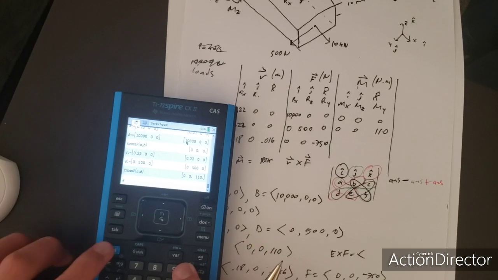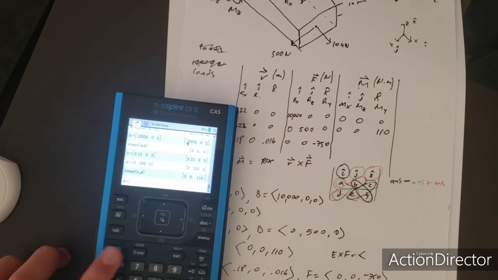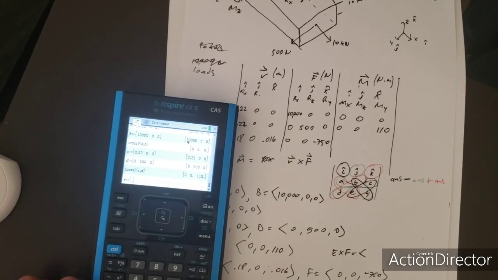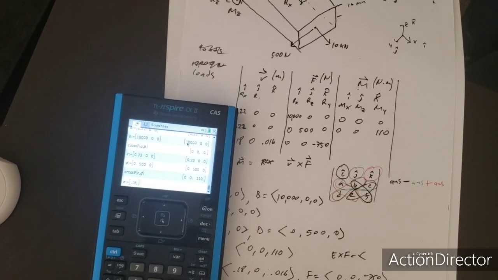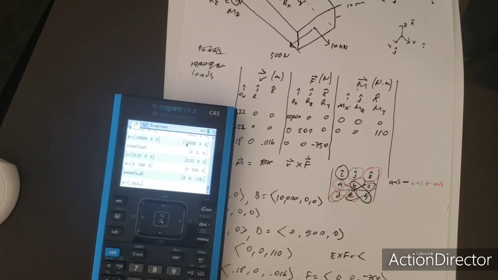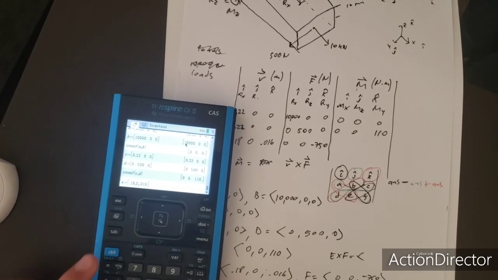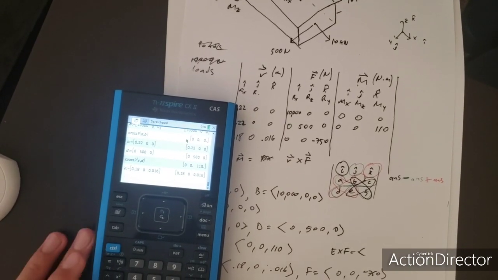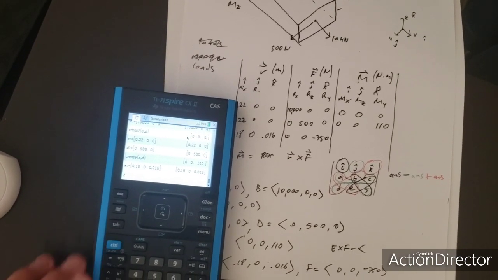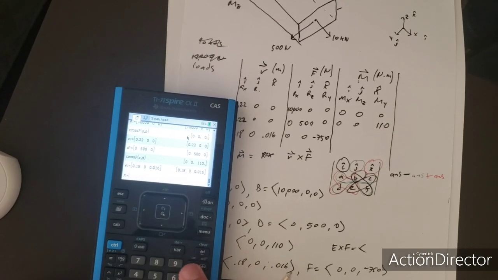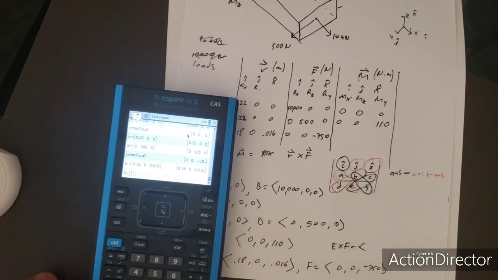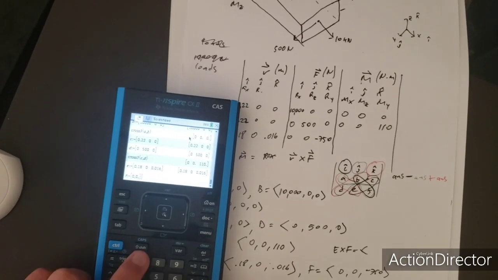I get, once again, the last one. Define E as 0.18, 0, 0.016, and vector F, define it as 0, 0, negative 750.